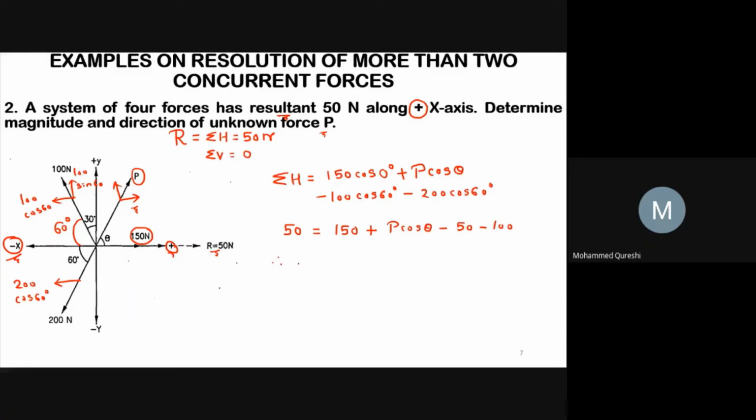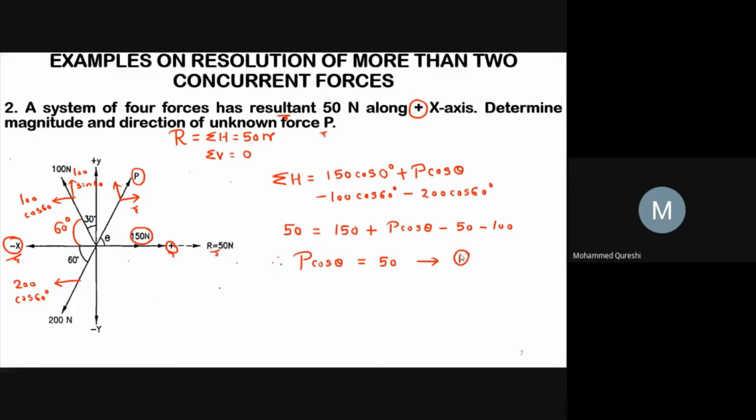So we may write P cos theta equals 50, and we will call this equation number 1.